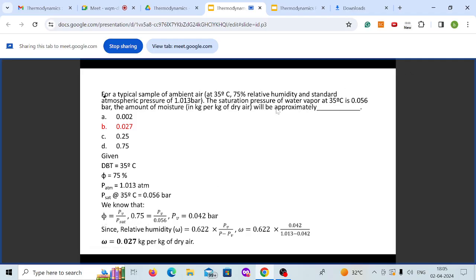Your relative humidity is 75%, so 0.75 equals the vapor pressure divided by the saturation pressure at 35 degrees Celsius, which is 0.056. This gives the vapor pressure corresponding to 35 degrees Celsius as 0.042 bar.